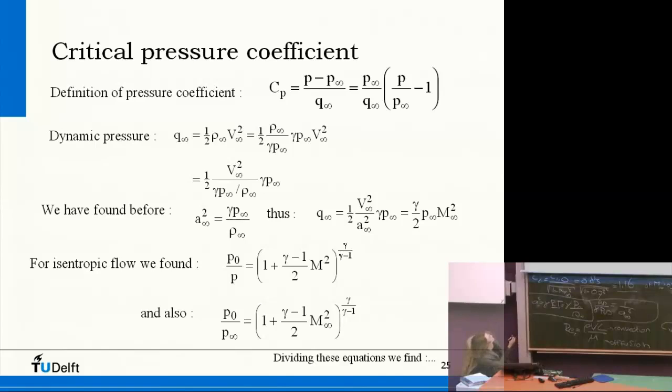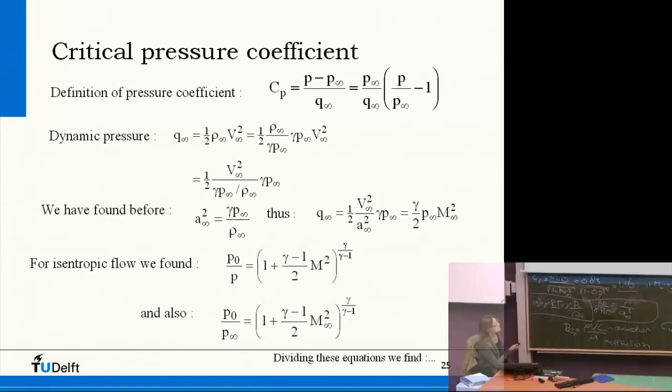So in here, I divide by gamma P on the upper side and the lower side, and then I realize that I have here rho over gamma P, and that's the same as 1 over gamma P over rho, and this is A squared. So I get my Mach squared in here: V squared over A squared times gamma P. So Q infinite is a half V squared over A squared gamma P, so a half Mach squared P at free stream. Yeah? So I rewrote this Q infinite, and I have this Cp.